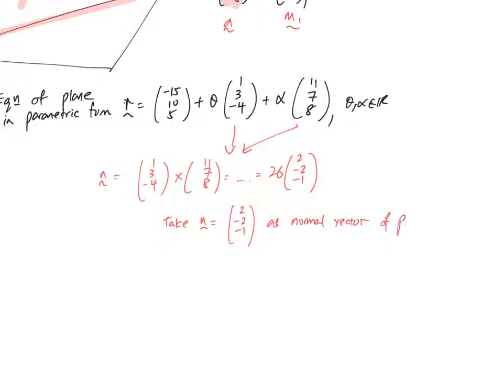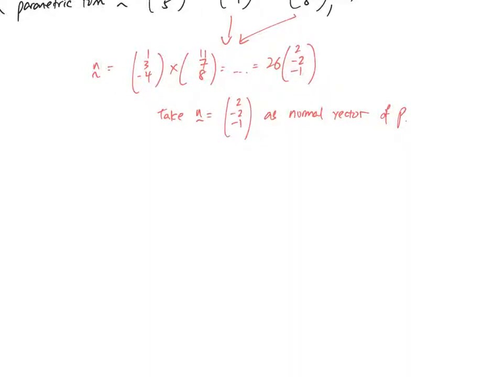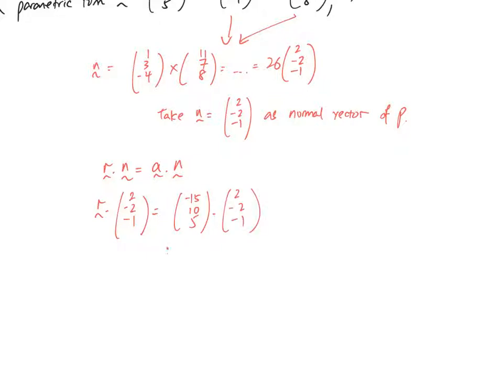Now we go back to our question: r dot n. We are finding the equation of the plane in scalar product form. R dot n, where n is (2, negative 2, negative 1). What is A? A is the one that we have, (negative 15, 10, 5), dot product with n. Alright, solve this.